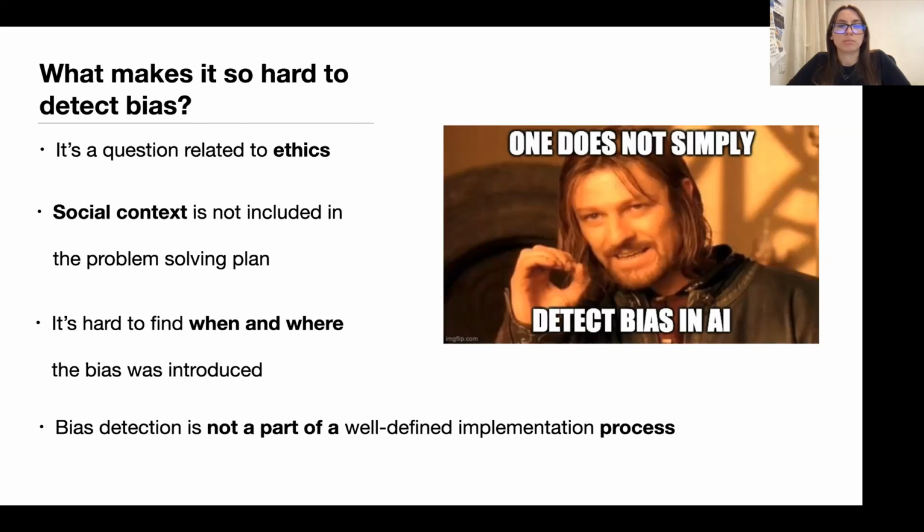In such a way, we don't have any steps in our development process where we say, okay, here we check whether the model is biased, when we evaluate the model or when we build features or when we get the data set. It's usually really up to the data scientists who work on those problems and whether they even think about that.